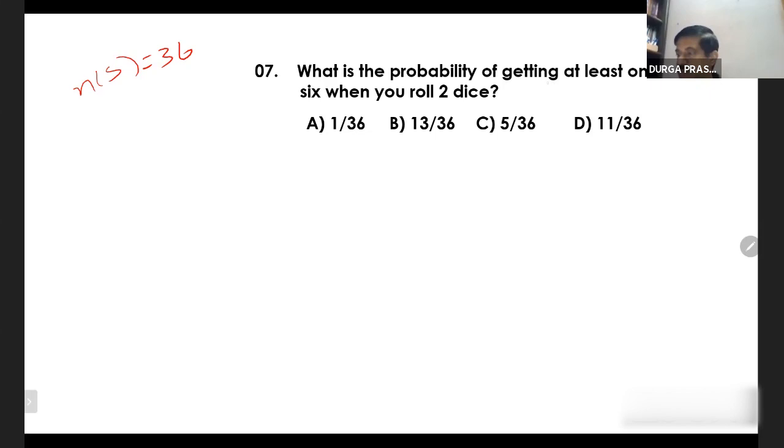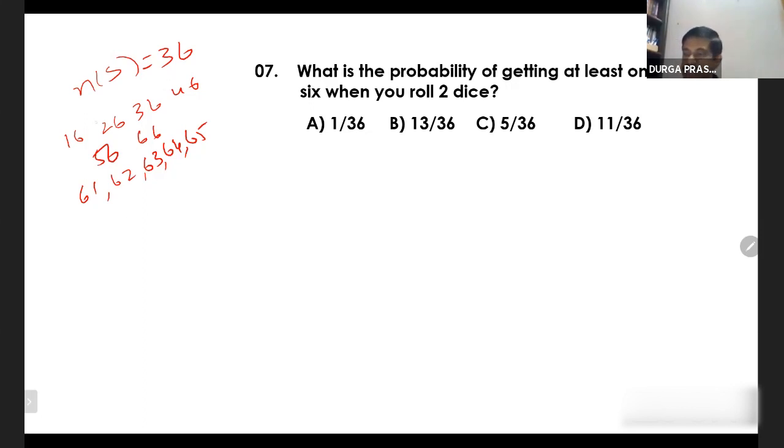Now he says probability of getting at least one 6 means either one of the dice should show 6. So that means you have 1/6, 2/6, 3/6, 4/6, 5/6, and other possibilities 6/6, then 6/1, 6/2, 6/3, 6/4, 6/5. So at least means what? Minimum. Either one of the dice should have 6 or both the dice should show 6.